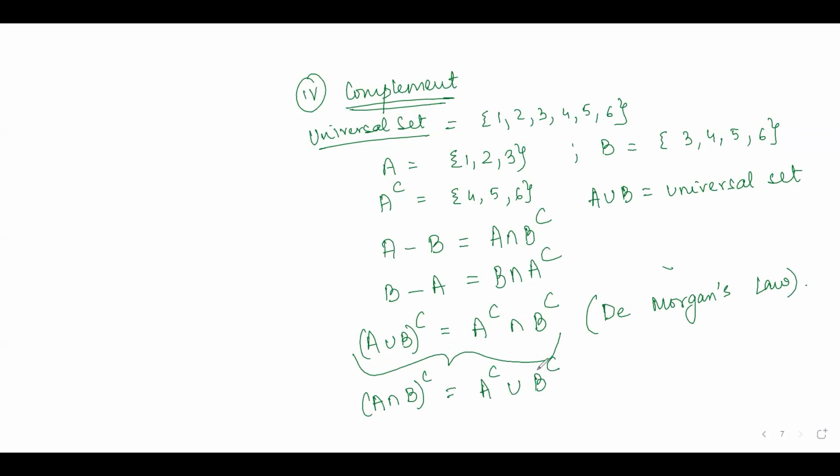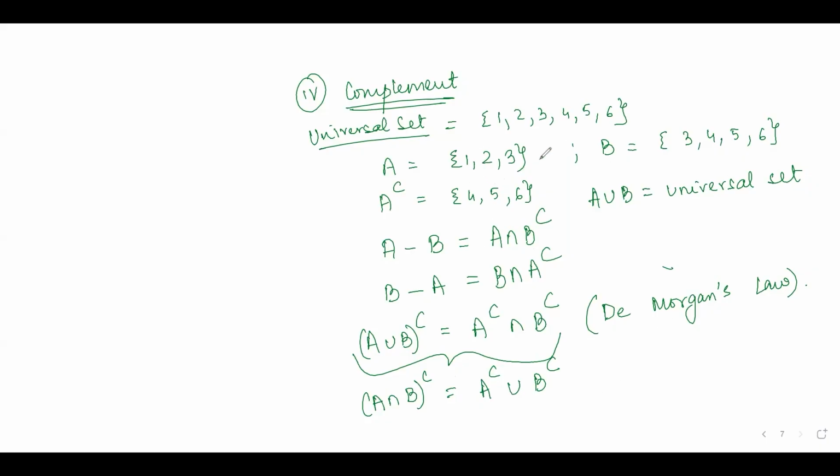Okay. You can see this with this example also. A union B whole complement here will be the null set. So A complement intersection B complement will be null. Okay. A intersection B whole complement. A and B have only one thing in common, 3. So their complement will be 1, 2, 4, 5, 6.